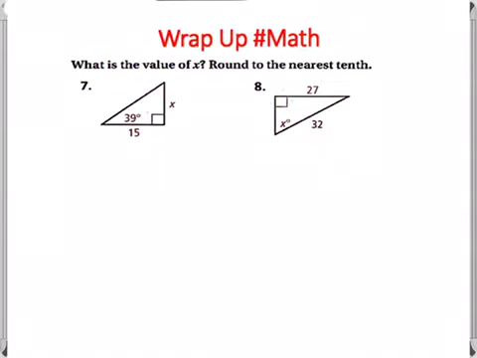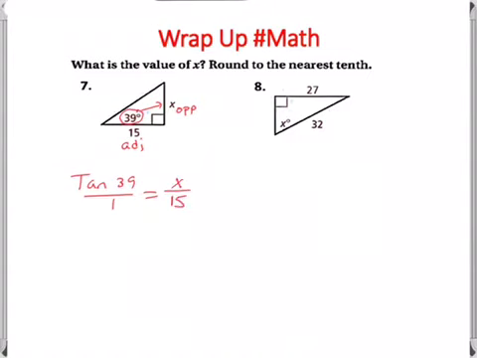For extra practice, we'll go ahead and look at the last two wrap-up problems on your notes. So for wrap-up problem number 7, they've given us the angle, and they've given us the side length. So that's opposite, and this is going to be the adjacent. So to find the side length, we're going to take the tangent of 39 over 1, and we're going to set up a proportion, just makes it easier, equals x over 15.